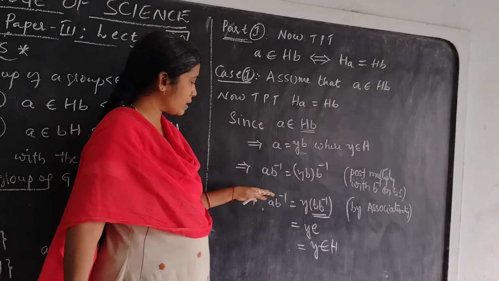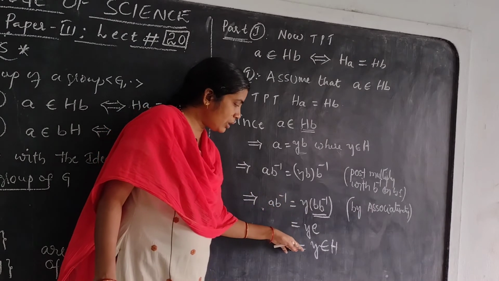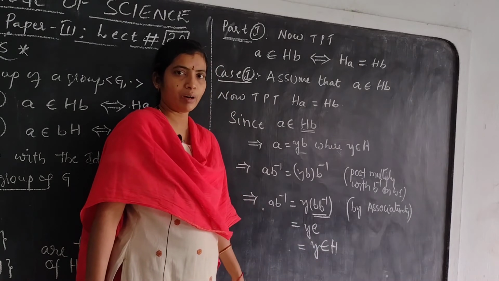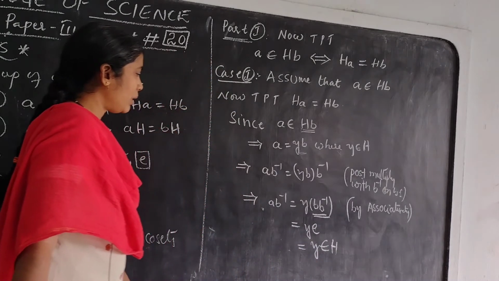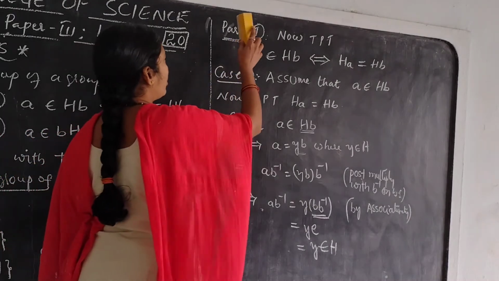Now using transitivity, A dot B inverse is nothing but an element of subgroup H.